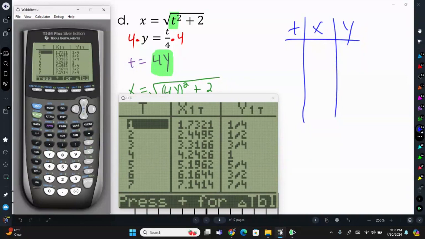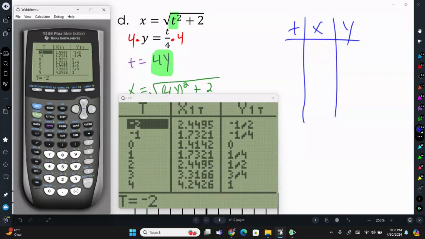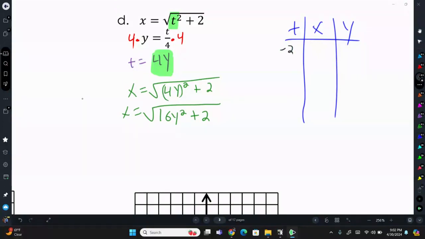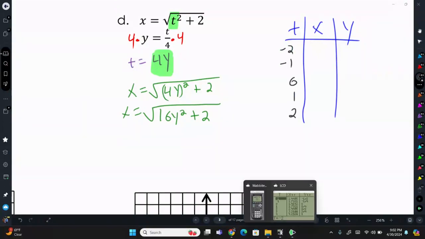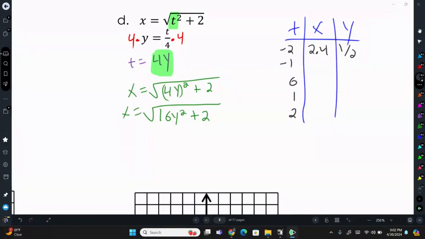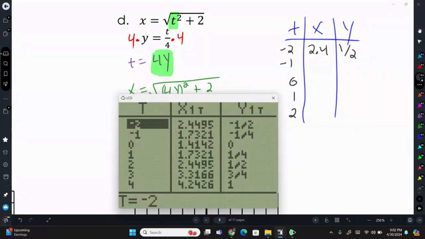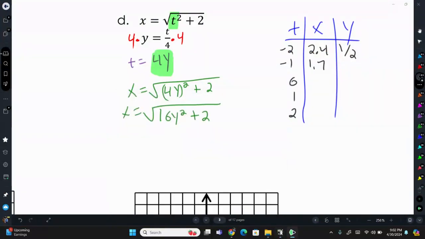Now we can do negative values for this one, and we're going to round to the tenth as needed. So when t is negative 2, negative 1, 0, 1, 2: when t was negative 2, x was 2.4 and y was negative 1/2. So 2.4, negative 1/2. When t was negative 1, x was 1.7 and y was negative 1/4.